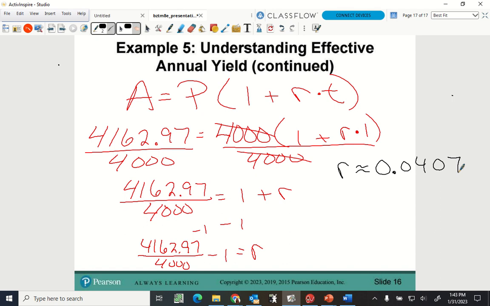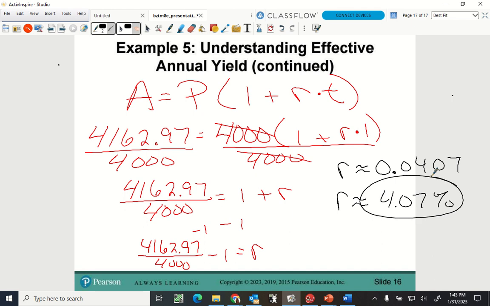I'm going to move the decimal point 2 to the right. If you notice, I needed more numbers here. If you just round, you're going to lose some of the stuff. So this is going to give me R is 4.07%.